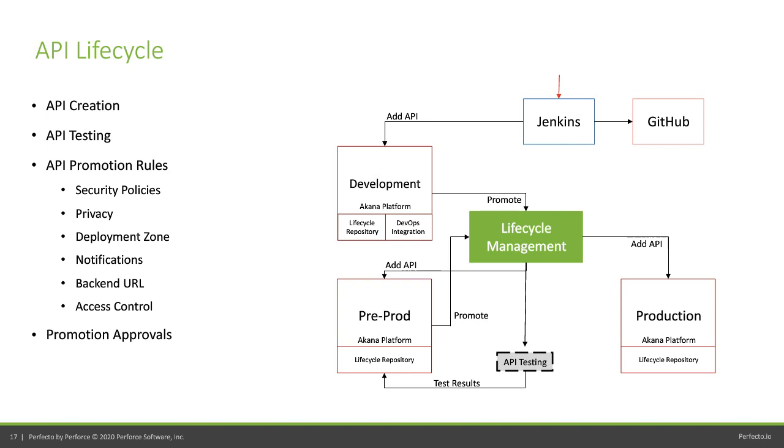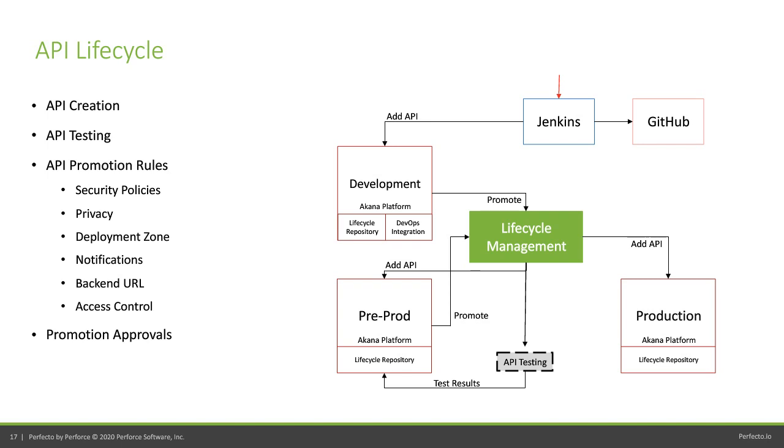We can also change the backend URL for the API. As Akana is a proxy for the API, it simply receives the request and sends it back to the hosting system, the backend system. That backend system is different in each environment. The development Akana platform is pointing to the development backend.